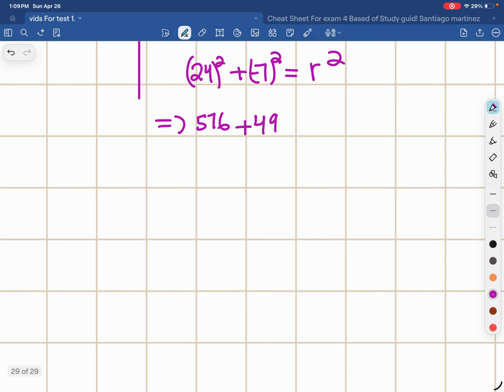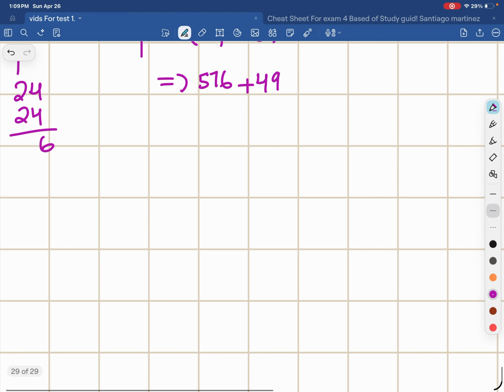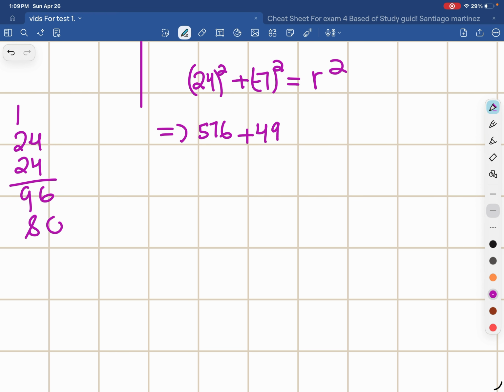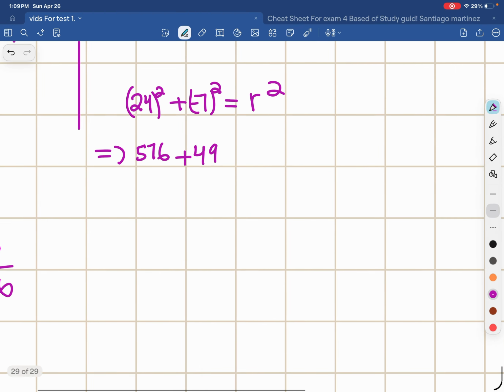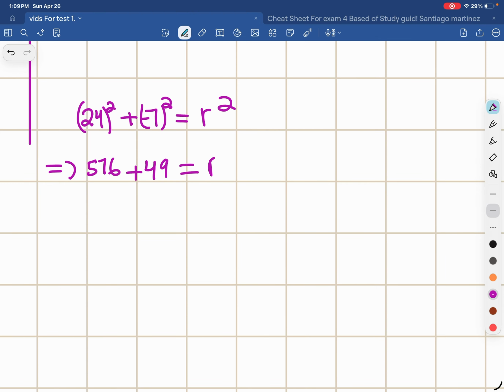Let's do it right here to show. So we have 24 times 24. 4 times 4 is 16, right? And then 4 times 2 is 8, is 96. Add our second 0. 4 times 2 is 8. 2 times 2 is 4. 6, 7, 5. So that's how we get that answer.